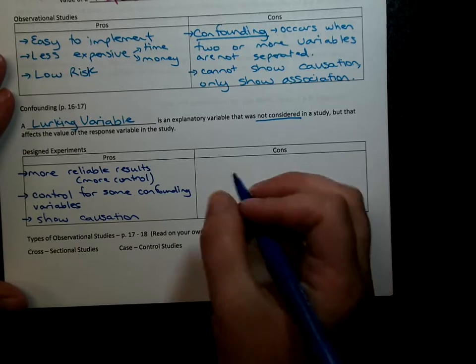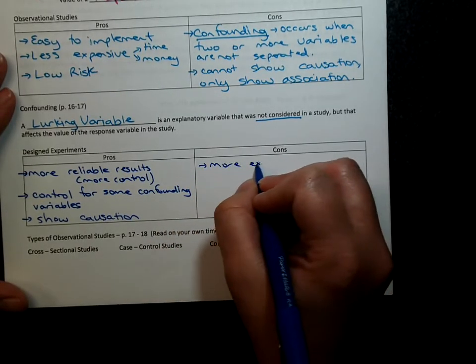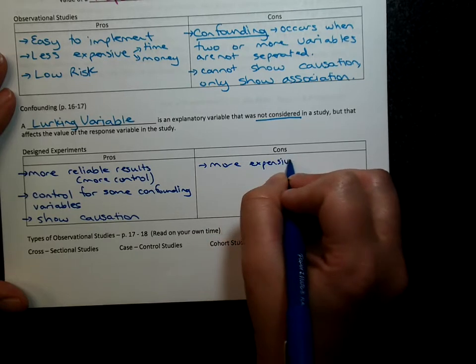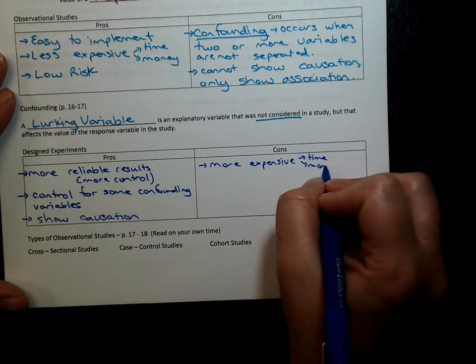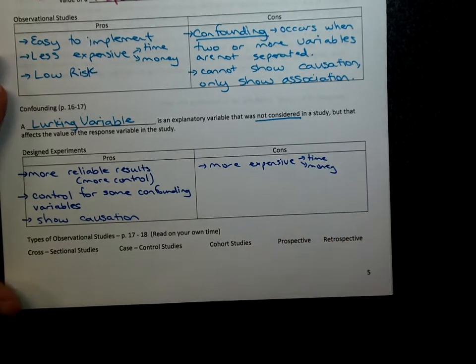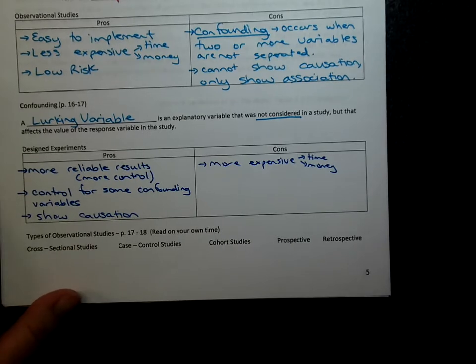Some cons to designed experiments is that they're more expensive, usually much more expensive, and again, that's including time and money and people. It takes more time to design the experiment, it takes more money to run the experiment, it takes more people to make sure the experiment goes smoothly.